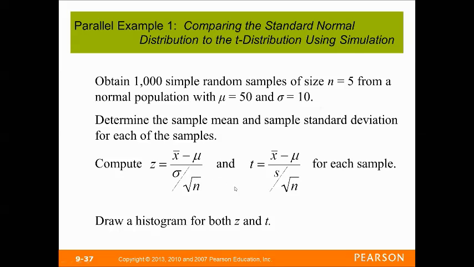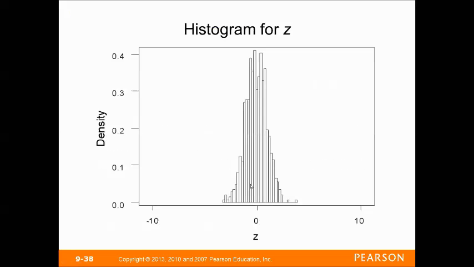Now again, here we're assuming that sigma is 10. With the t part of it, we'll be using the sample standard deviations to estimate sigma.